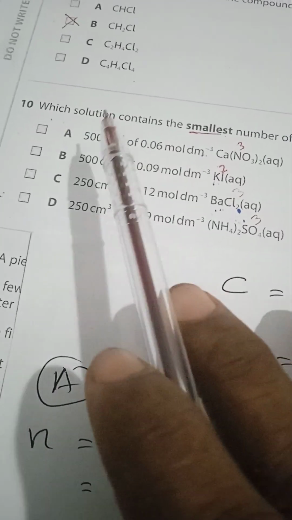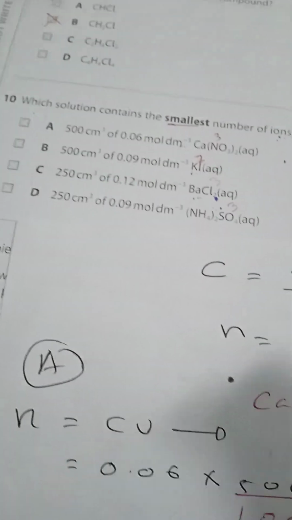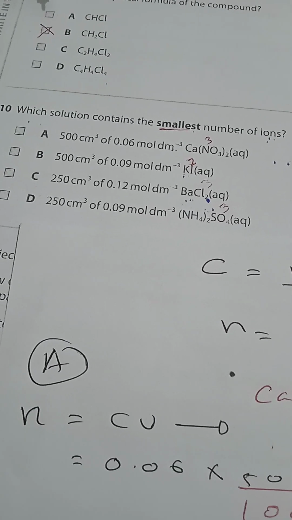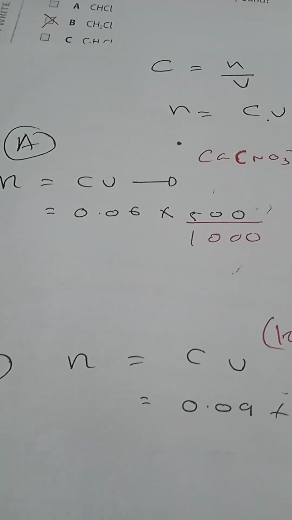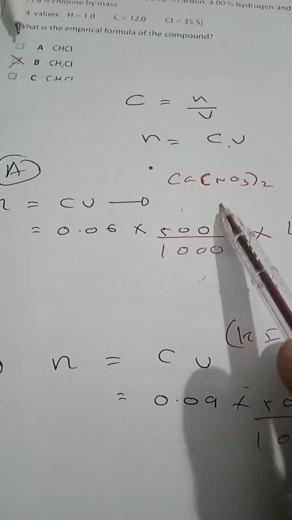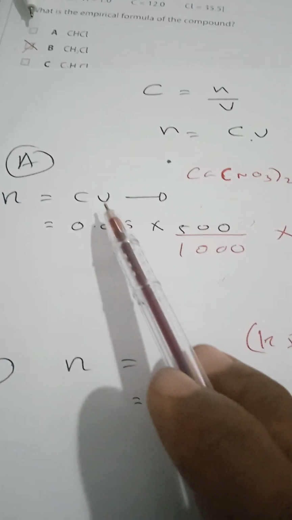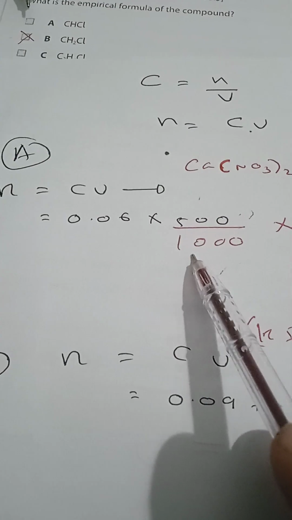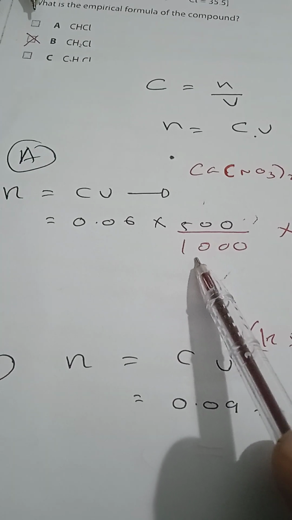Concentration 0.06, volume is 500. Now look here, how many ions are there in that calcium nitrate one? 500 is in cubic centimeters, we want to convert to cubic decimeters, so divide by 1000.